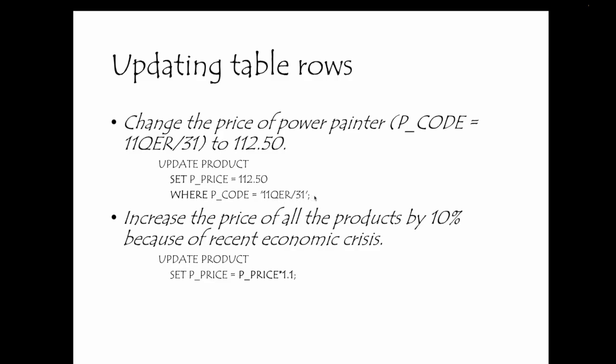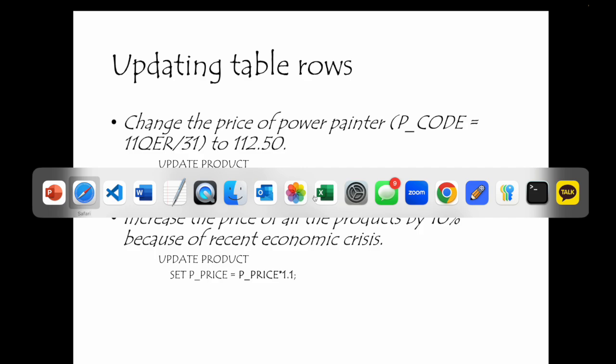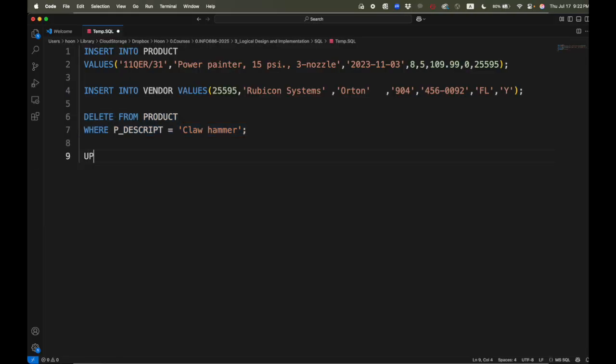So let's do this one more time here as practice. How can we update? Update. Directly after update, we specify which table, the product table, and which value we want to change. Set the column name P price, and the value is 112.50.